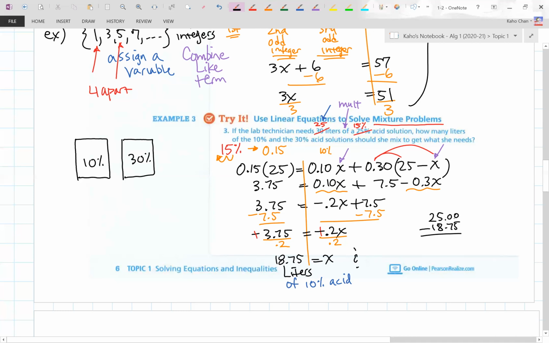And you'll get, let's do the math this way, 6.25 liters of 30% acid. So there they are.